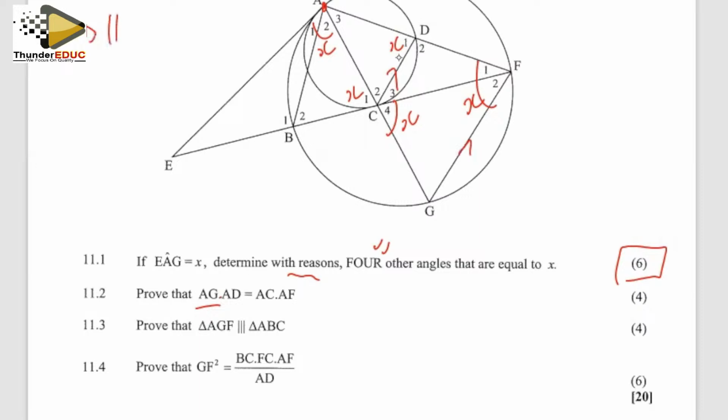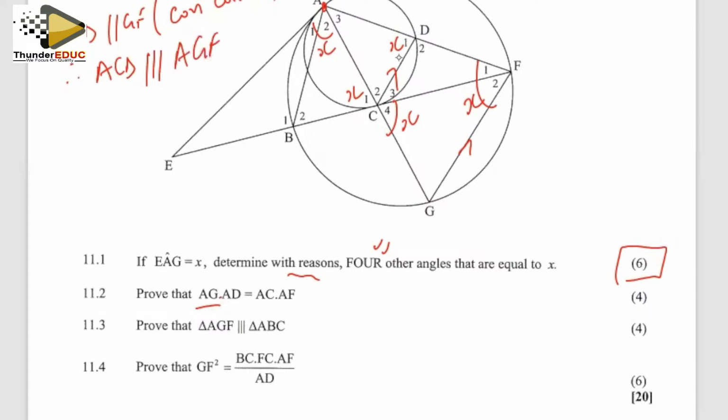So CD will be parallel to GF. That will be the converse of the corresponding angles. And if that is true, then this small triangle is similar to the bigger triangle. So therefore, ACD is similar to AGF.